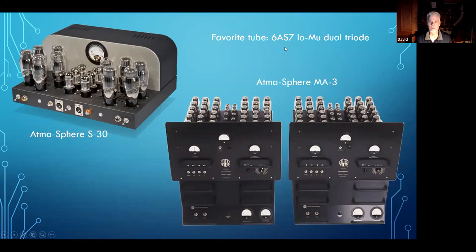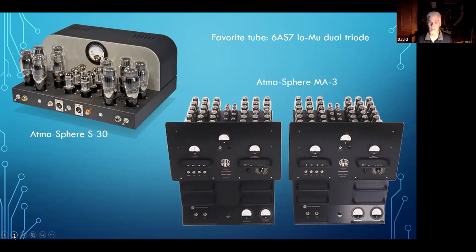Their favorite tube is the 6AS7, which is a low mu dual triode. Again, these tubes are designed for voltage regulator service. They're not all that linear, but they are relatively low in impedance, and that's why they're favorites for people making OTL amplifiers, particularly ones with low feedback.